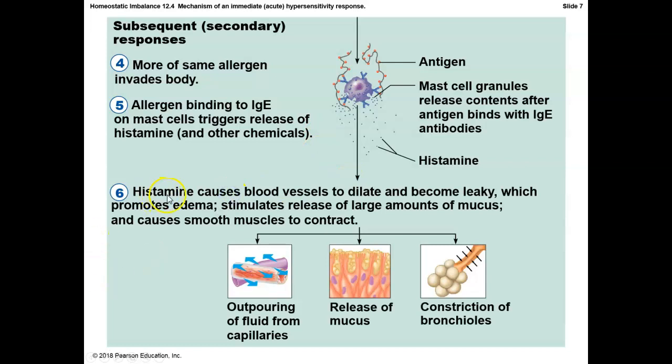So histamine and heparins together cause fluids to move from the capillaries into the tissues, which causes swelling. We release a lot of mucus to help fight off the pathogen. We increase the inflammatory response, and we can constrict bronchioles.